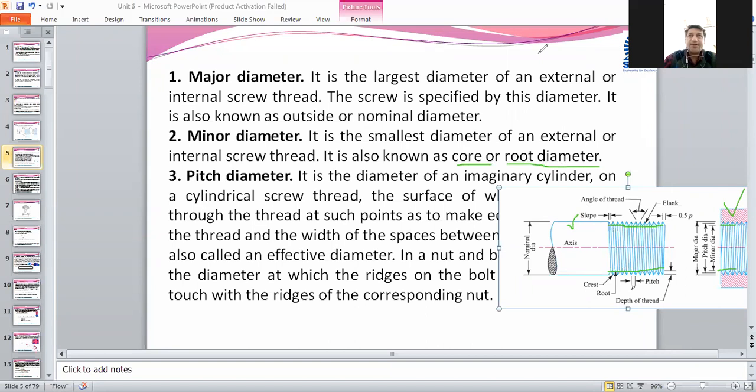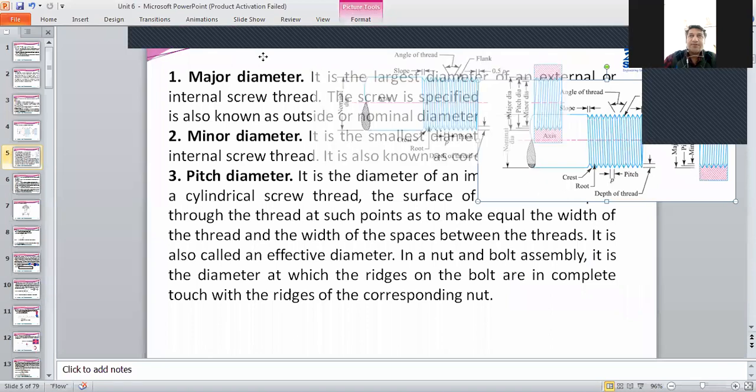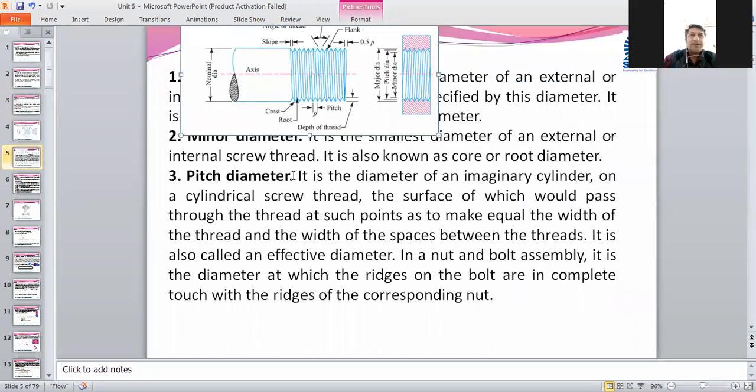Then pitch diameter. The definition for the pitch diameter: it is the diameter of an imaginary cylinder on a cylindrical screw thread. Because for this diameter we take the mean, mathematically you calculate it, so it is not present in actual.